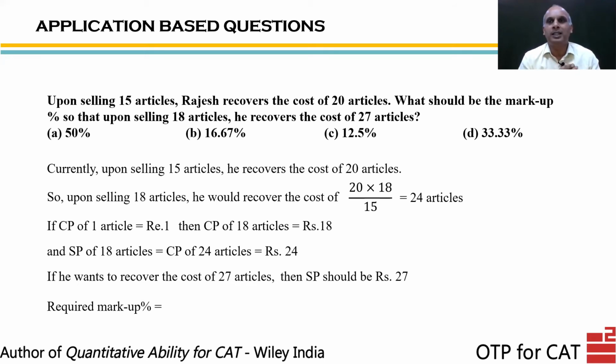So the percentage increase will be 27 minus 24, that is 3 rupees, divided by 24 into 100. So it works out to 3 by 24, which is 1/8, and you should recall 1/8 was 12.5%. So this is the required markup percent. If you see the language of the question, it looks very tricky. But if you understand now that we should convert the number of articles to number of rupees, the whole task gets much easier.